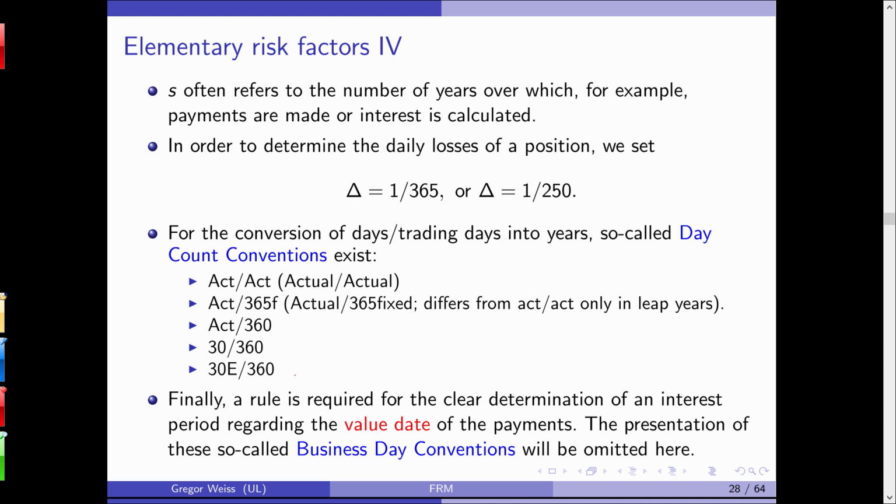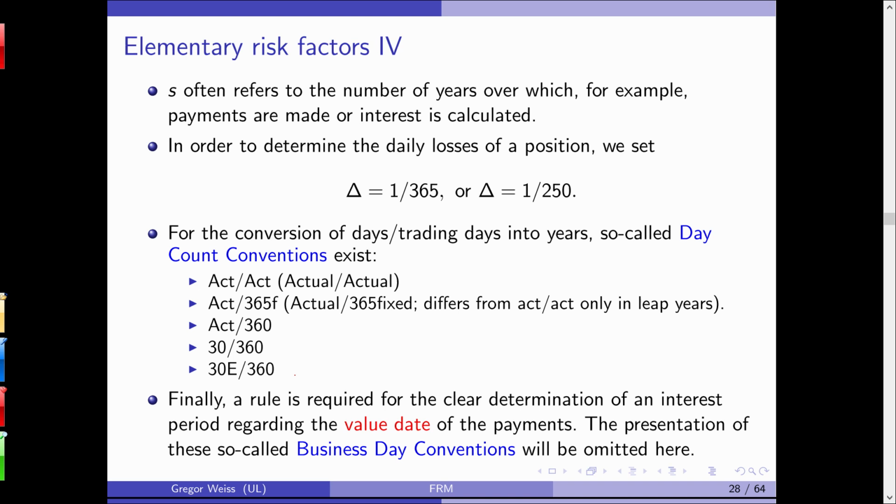In industry practice, it is actually quite important and imperative to know which day count convention you use when forming and when fixing prices and payments. Why? For example, with interest rates, you use actual. This means that the month and the year have the actual number of days, also the calendar year has.